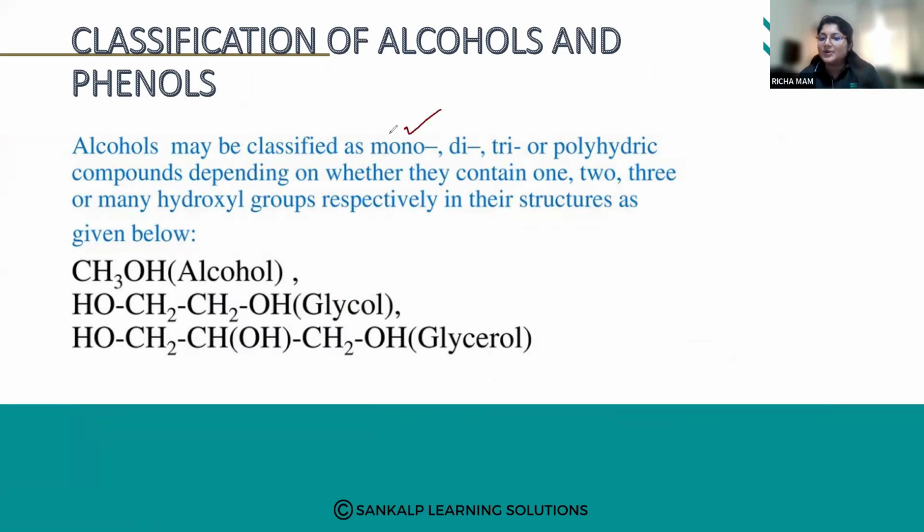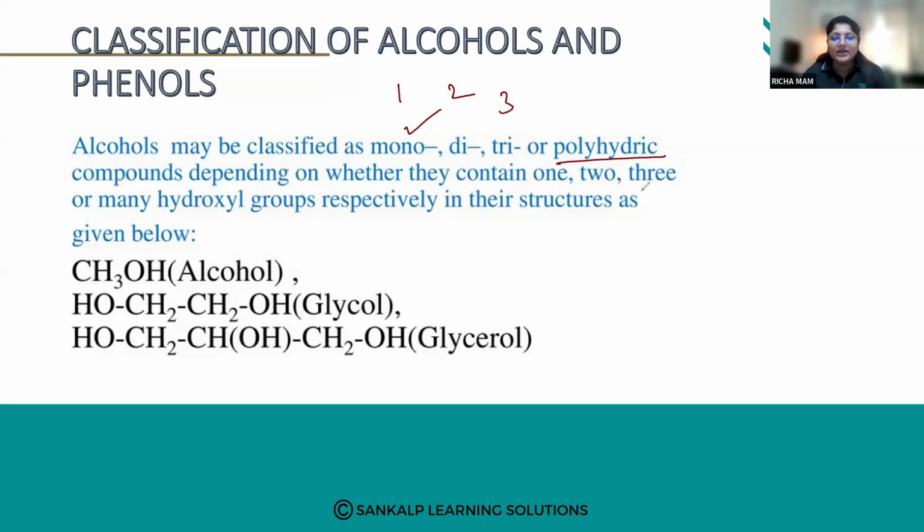Mono means when you have one OH group, di means two OH groups, and tri means three OH groups. More than three, any number, 4, 5, 6, are called polyhydric compounds.